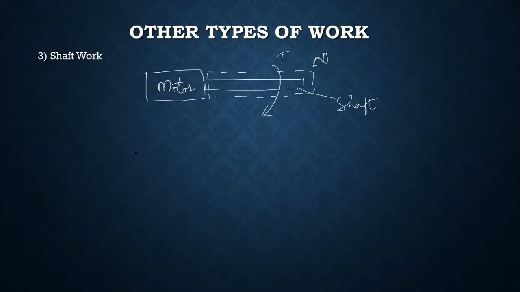This is because the shaft can rotate a pulley which can raise a weight. We can tell that is work according to physics. That is the displacement of the work.